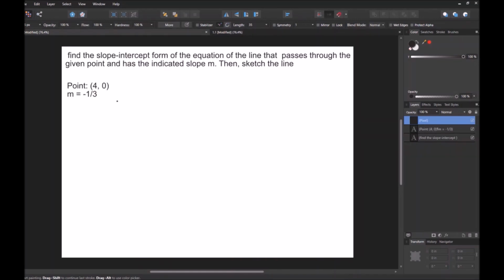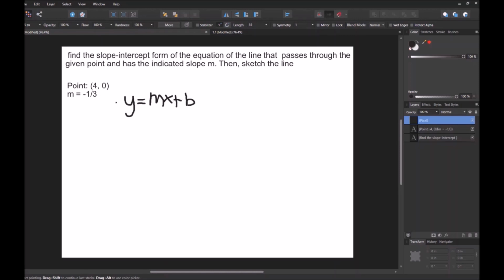Okay, so for this next question we're asked the exact same thing, we're just given different points and a slope. Our point is 4, 0, and our slope is negative 1/3. So we're going to do the exact same thing as the problem before. y equals mx plus b.